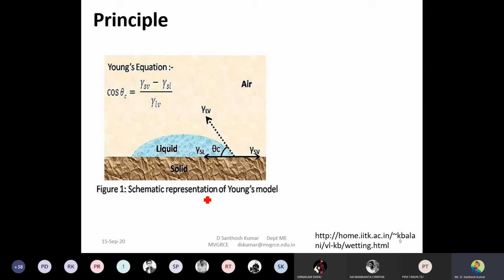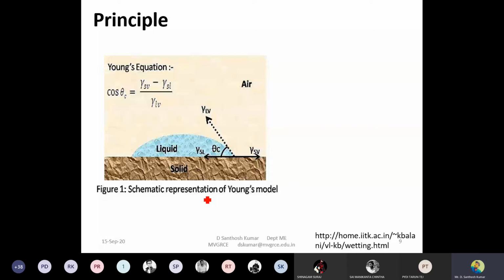Okay, so if you have a liquid and you need to inspect a component, the component is nothing but a solid surface. You apply the liquid on the solid surface and allow it to spread over. Then if you have any defects or flaws, you can inspect them depending upon what this liquid does.